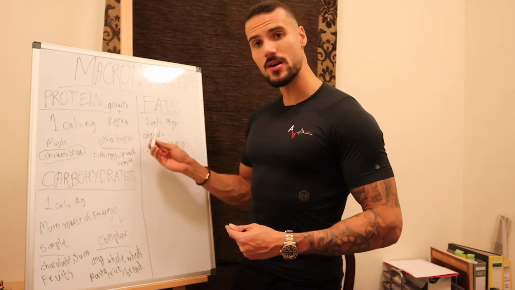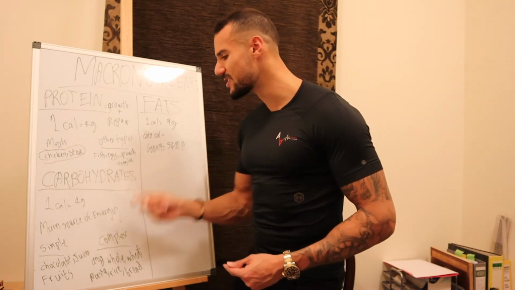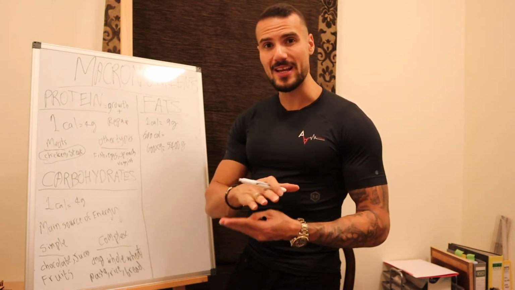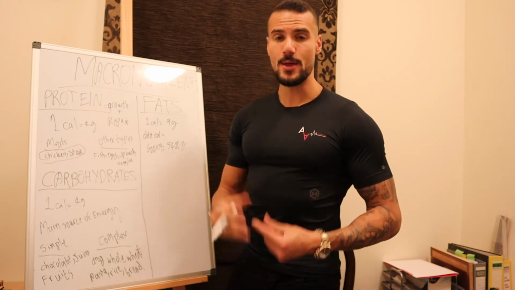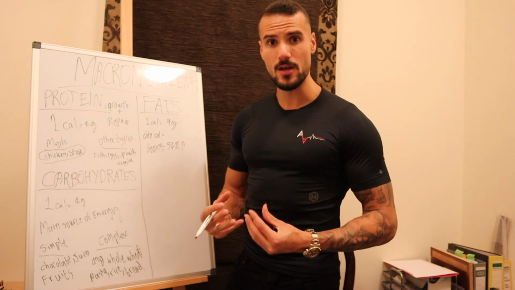While you're cutting, you decrease the carbs. Why do we decrease the carbs? Because carbs contain a lot of water in it. So when you decrease or eliminate carbs completely, that water in your body that comes from carbs gets depleted, totally depleted.